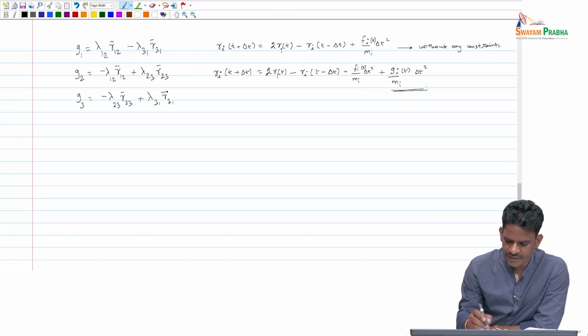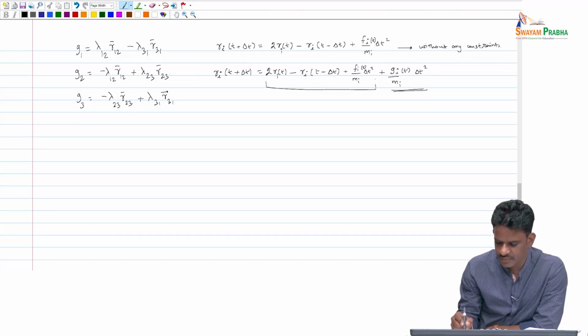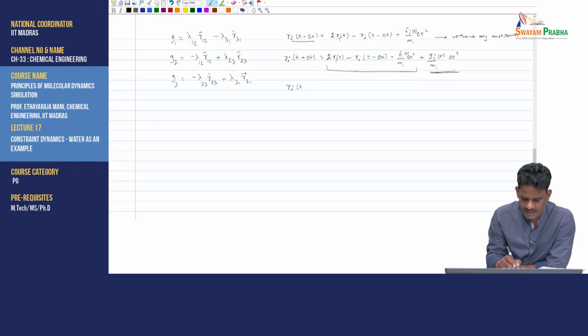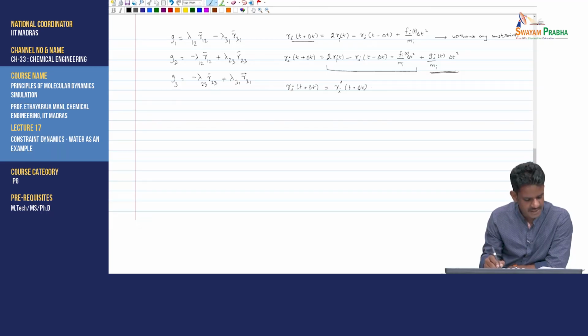Now, if you want to replace this entire term with this, we can simply write that Ri at t plus delta t is the position updated without any constraint force, designated by this prime here. So first we update the position as if there is no constraint, and then we correct for it using this additional constraint force.